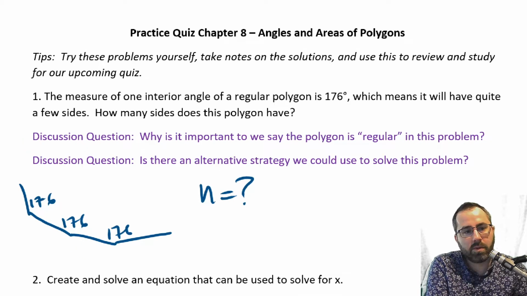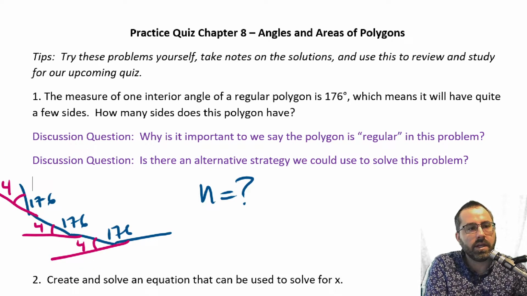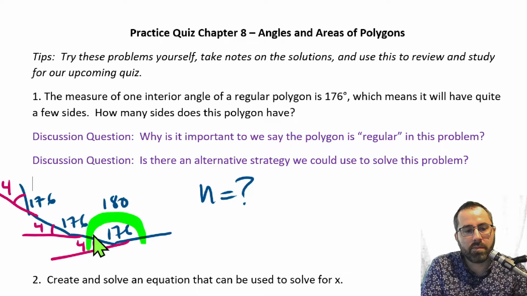So let's explore that. What you would do is extend this line here, and you could extend it here and here, and what you'll see is that here are the exterior angles. And I hope it's clear to you that the exterior angles would each be 4 degrees. That's because together the interior and the exterior angles in this scenario sum to 180.